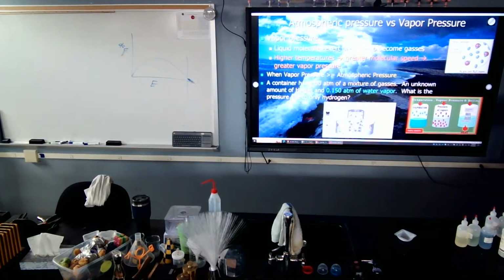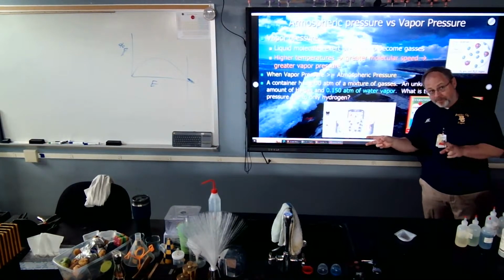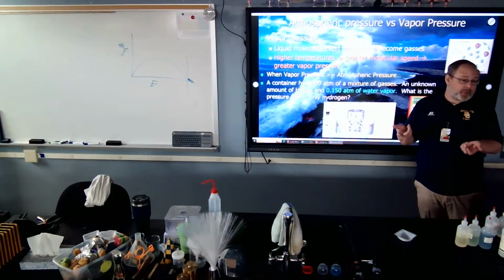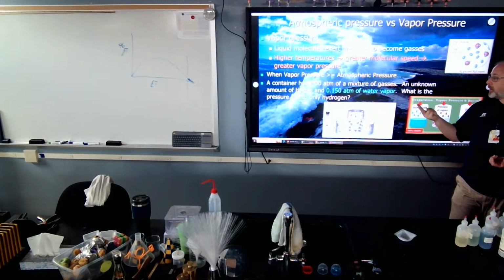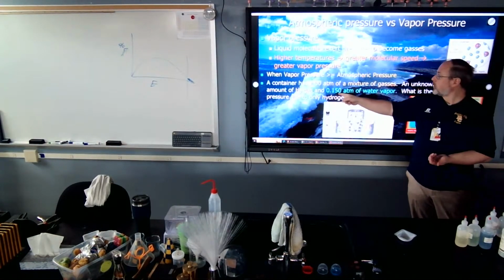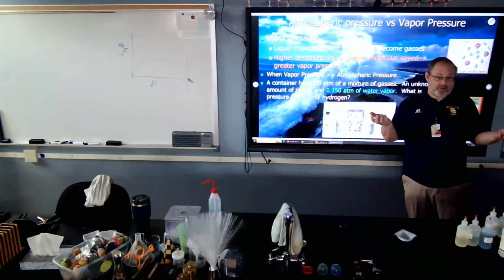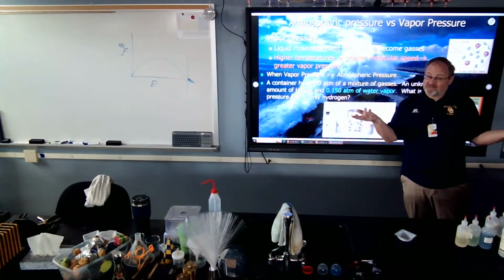It's just 0.85. It's whatever's left. Because if we treat all gases, including water vapor, as ideal, then it's easy to just look at their proportions. If there's only 2 gases, hydrogen and water is 0.15, then hydrogen is 0.85. Make sense? Questions?